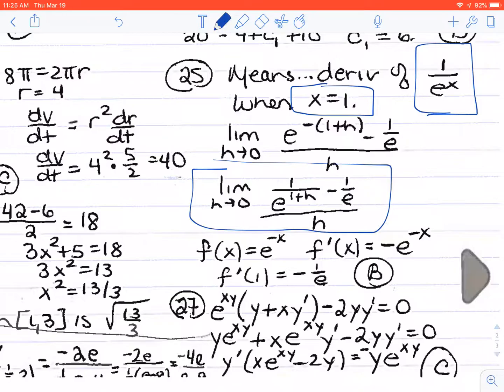So I know the function is e to the negative x. They're asking us what the derivative is. Using shortcuts, it's negative e to the negative x.